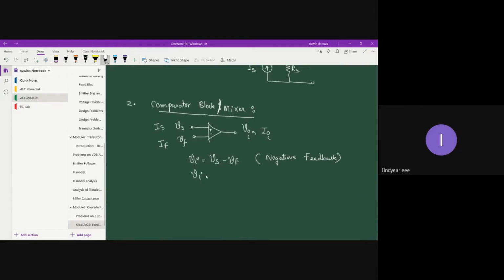On the other hand, for positive feedback, the source signal is added with the feedback signal. So that's the meaning of the comparator block.